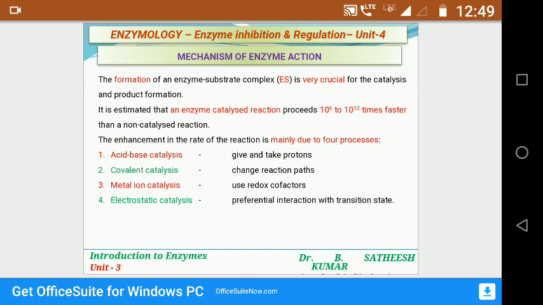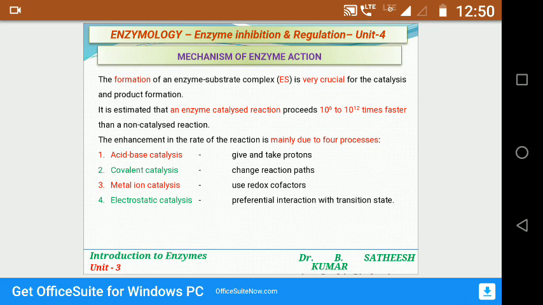In electrostatic catalysis, some amino acid residues which have positive and negative charges electrostatically stabilize the transition states, and at the same time the binding energy between the substrate and the active site of the enzyme will liberate some energy due to the formation of electrostatic interaction between the substrate ions and the charges on the residues in the active site of the enzyme.